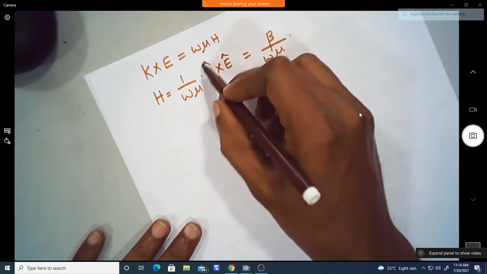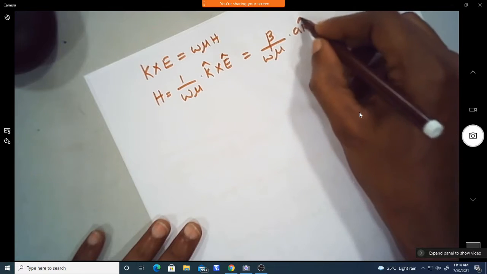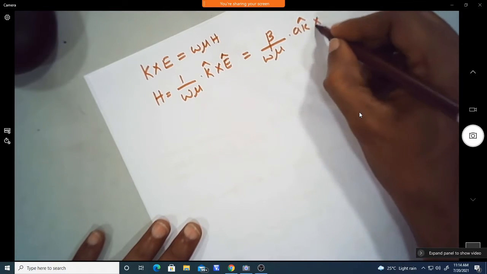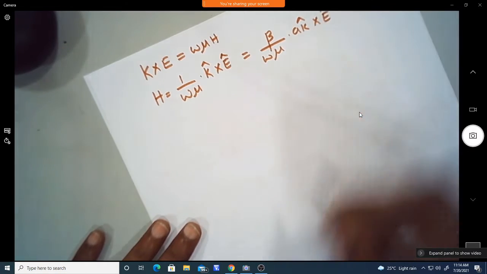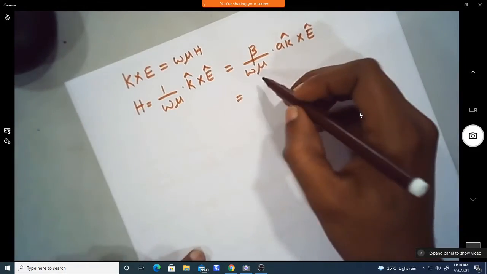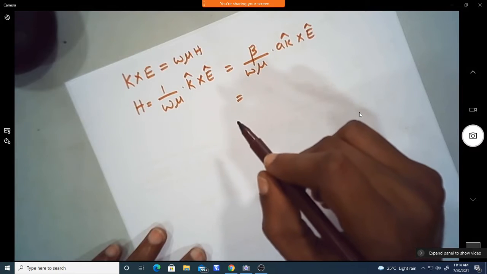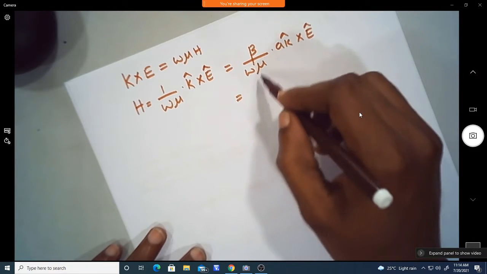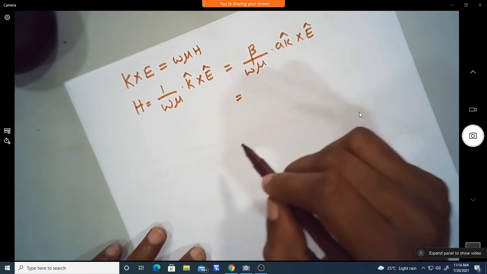If I take the unit vector of the propagation vector, it is the unit vector ak, and we have the electric field vector. Now this beta by omega we can replace with the wave velocity, which is 1 over root of mu epsilon.